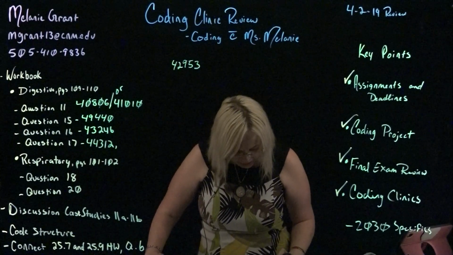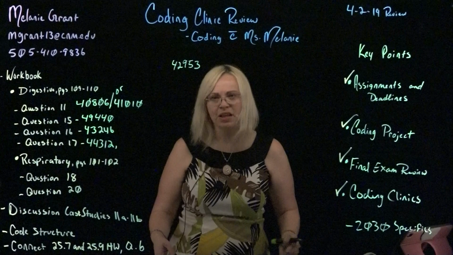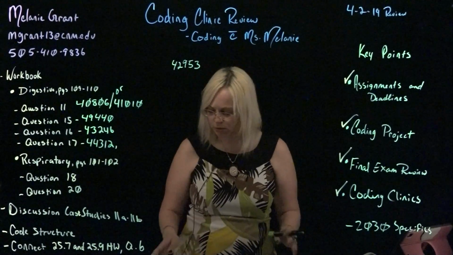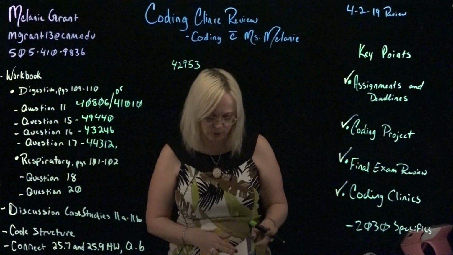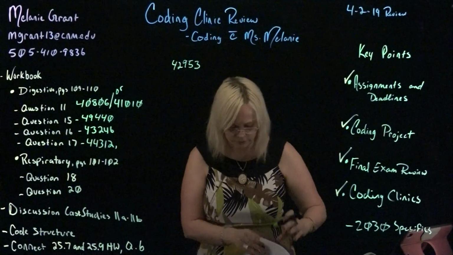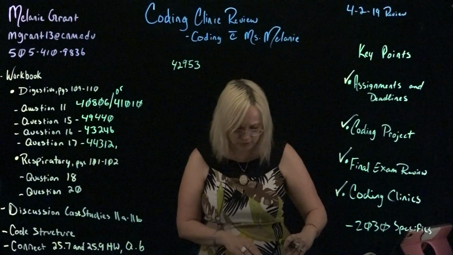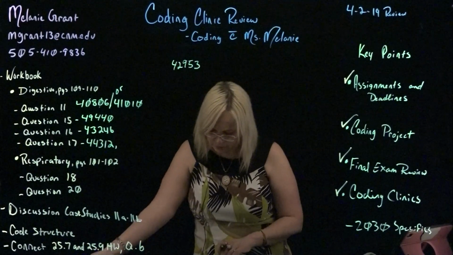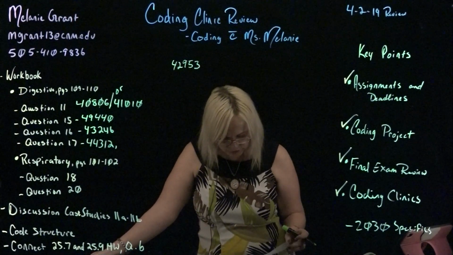I'm going to look at the definition and make sure that it's not specifying specific areas, but that should be my correct code. So I'm going to look now in my digestive system to find that code. 42953 is going to be under the repair section.